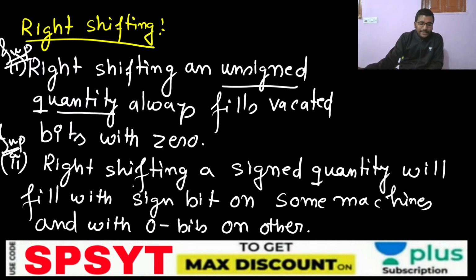So that's why in the GATE exam they will never ask you right shifting on signed quantities, because it is machine dependent.